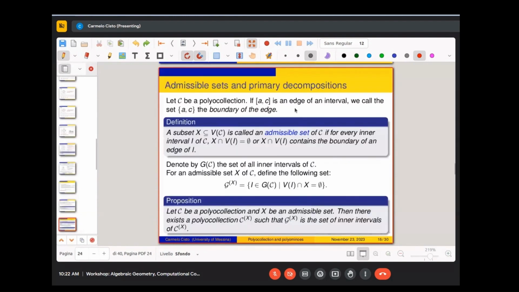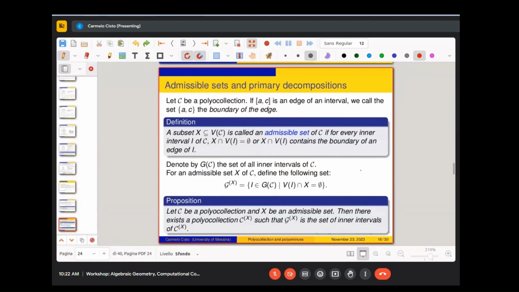Okay. So to continue, I need another definition, that is the definition of admissible set. First of all, consider an edge of an interval, say AC. I call the boundary of an edge its endpoints.